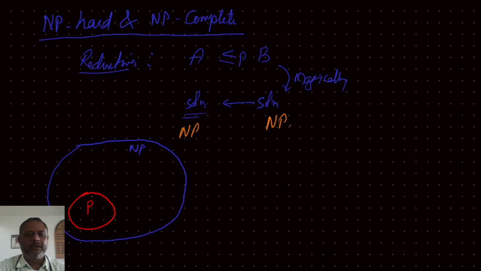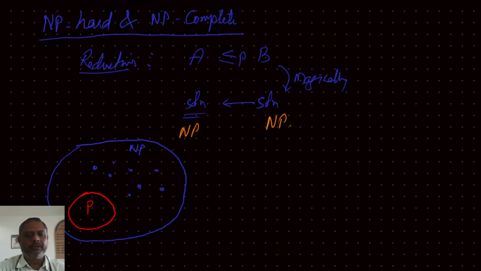If the solution is made available, then the correctness of the solution can be verified in polynomial time. So that's NP. So in NP, there are many problems.